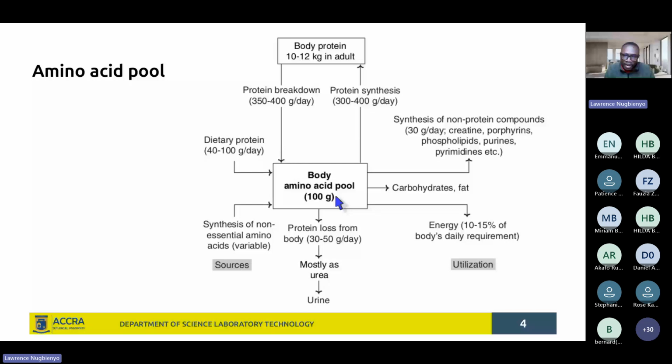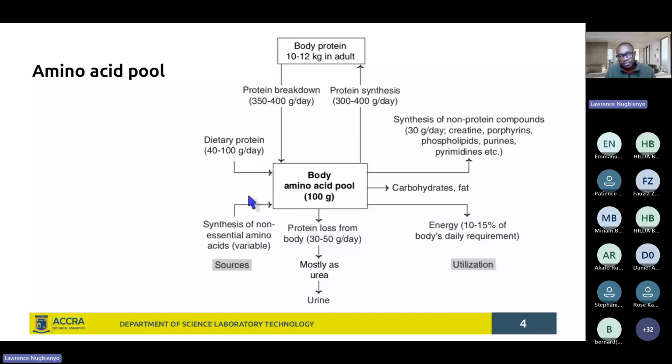Now, where will these amino acids come from? The amino acids will come from food, that is dietary protein. When we eat, the proteins that we take in get broken down into amino acids. But we also studied that some amino acids we refer to as essential amino acids, and some as non-essential amino acids.